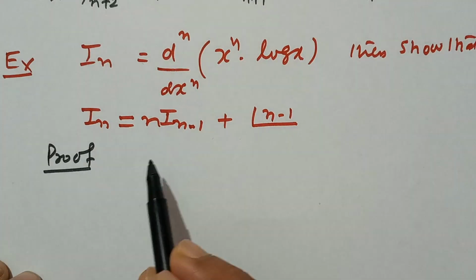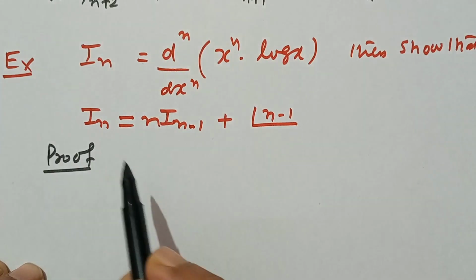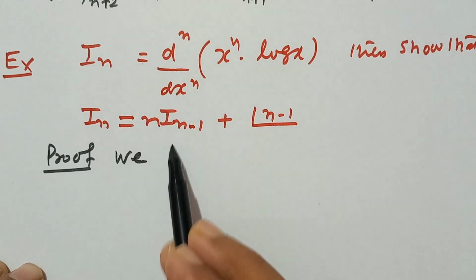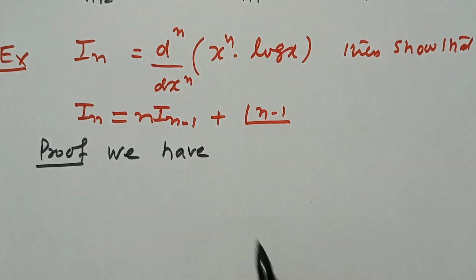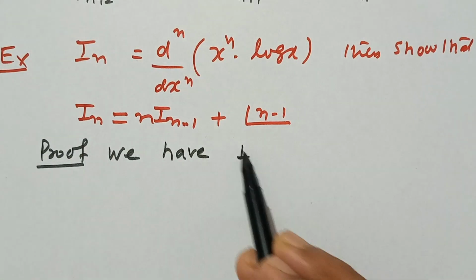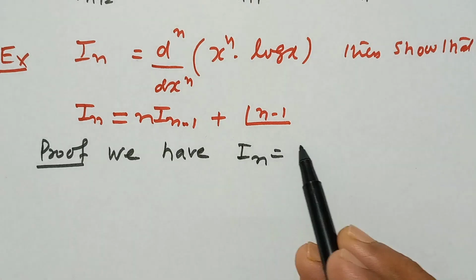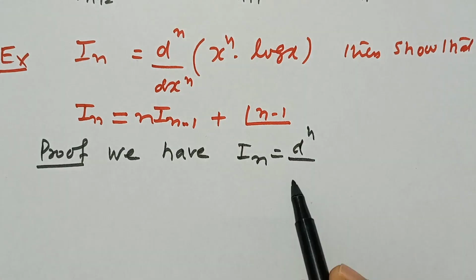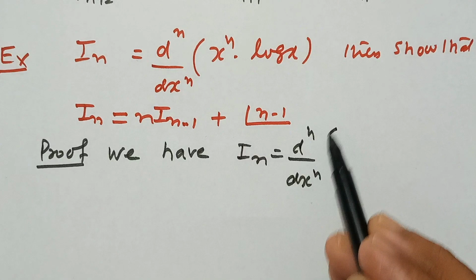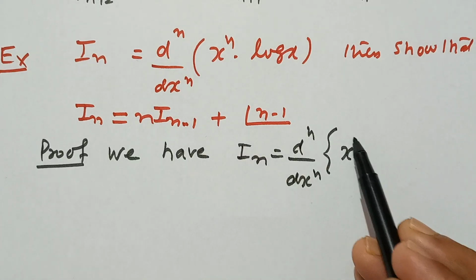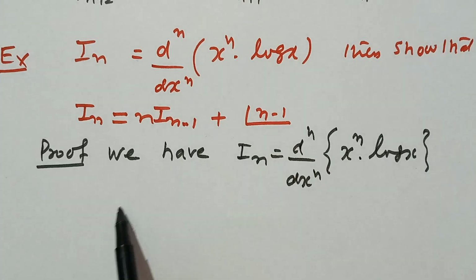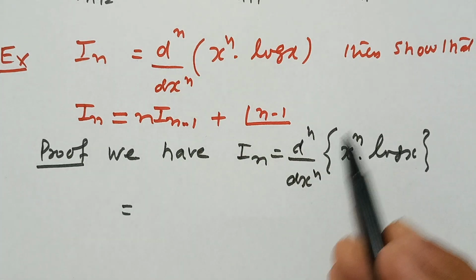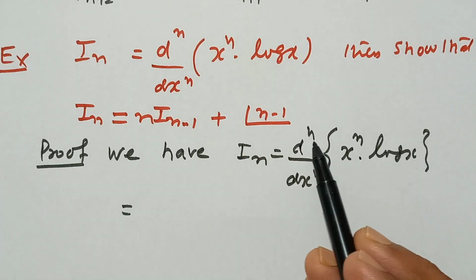Okay, so we have here given In equal to d^n/dx^n of x^n log x. As we know, this is differentiation of this function n times.